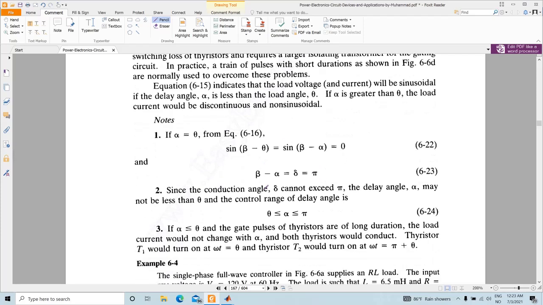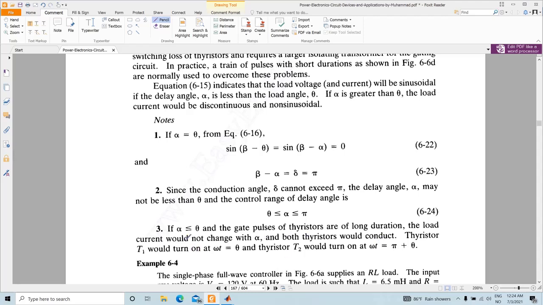And for the case when alpha is less than theta, if it is a purely inductive load, then theta is 90 degrees, and if alpha is less than this theta, and if the gate pulses of the thyristors are of long duration, the load current would not change with alpha. So alpha has no impact on changing the load current, and both thyristors would conduct.